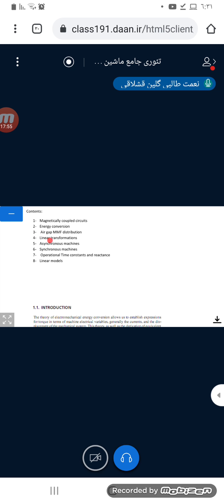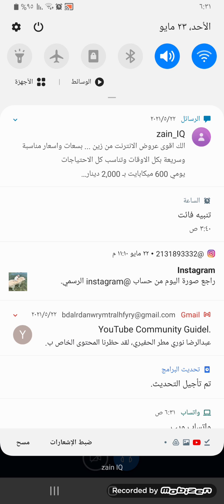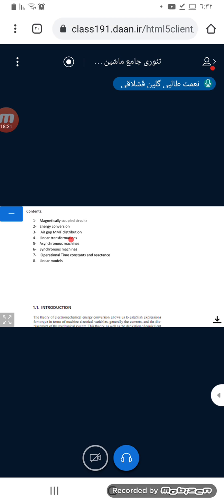Fourth, linear transformation. At the beginning of this course, you can see that electrical machine equations are not linear, and are differential equations with non-linearity and time-varying coefficients.